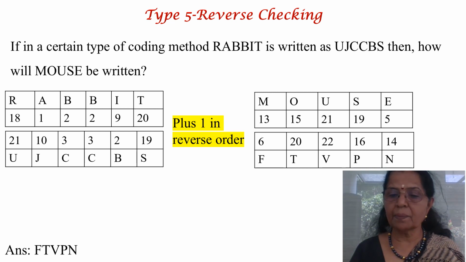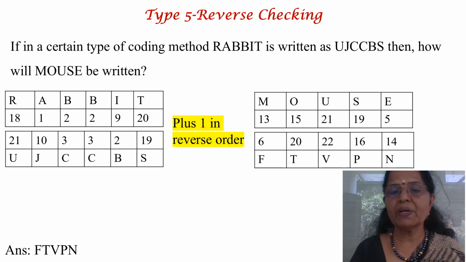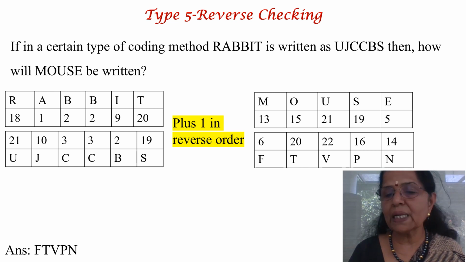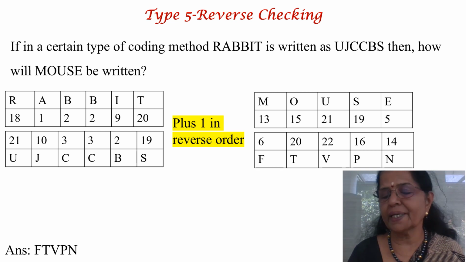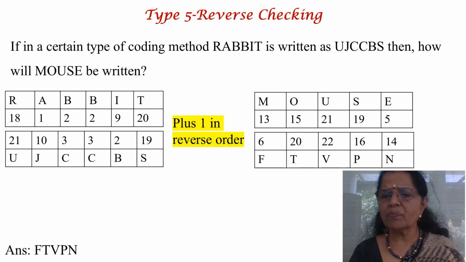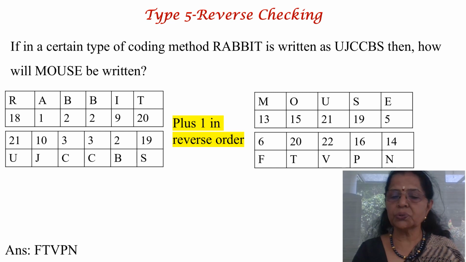And here the type name I have given is reverse check. No book will call it reverse checking. I myself coined this word, so that when you are revising mentally, you can think, oh, this could be reverse checking. So you should have the name, otherwise it is not possible.